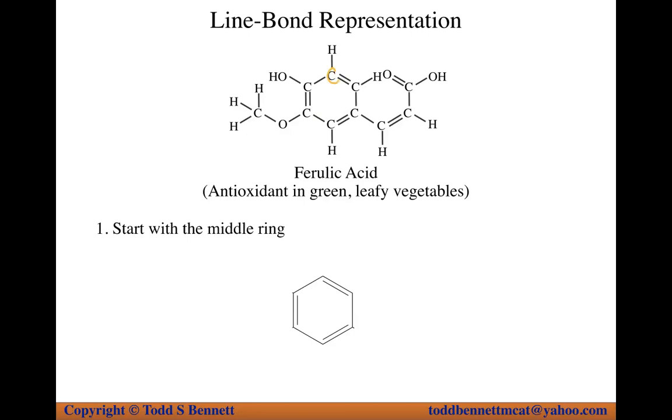So here I have this carbon. It has a double bond here, a single bond here, and an unwritten H. And then scooting all the way down to this carbon, it has a double bond here, a single bond here, and an unwritten H. And then these two carbons have an OH and an OCH3 I'm going to have to draw in.